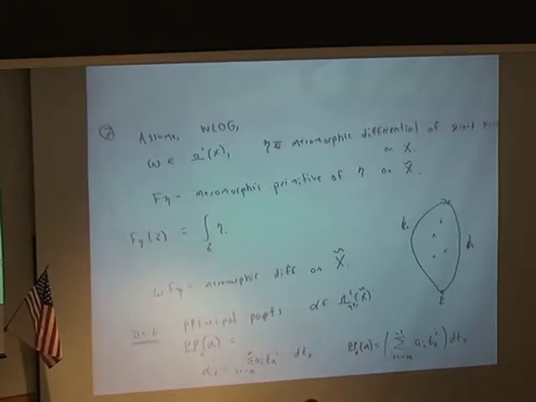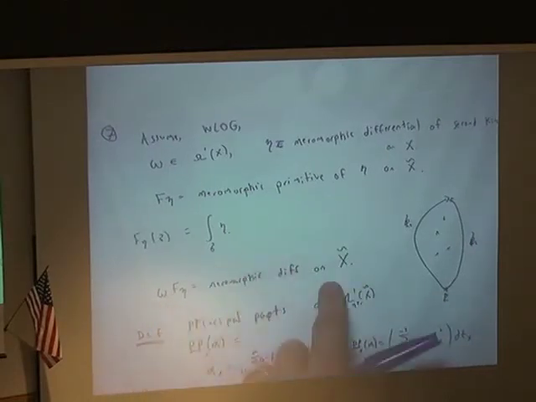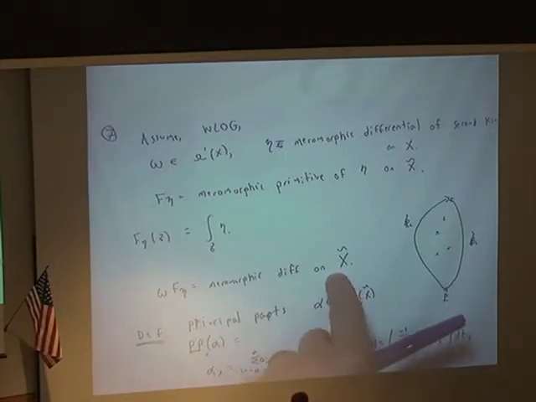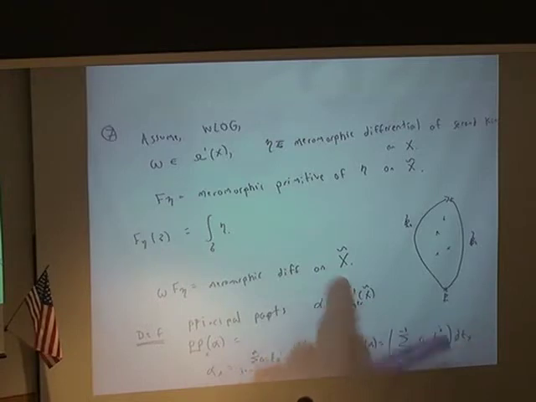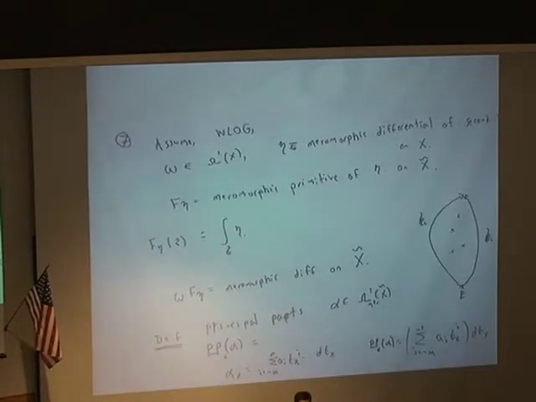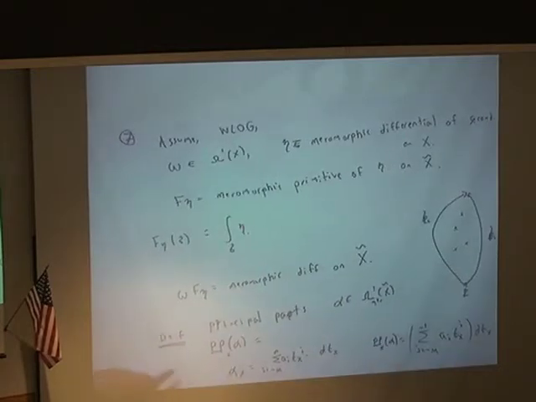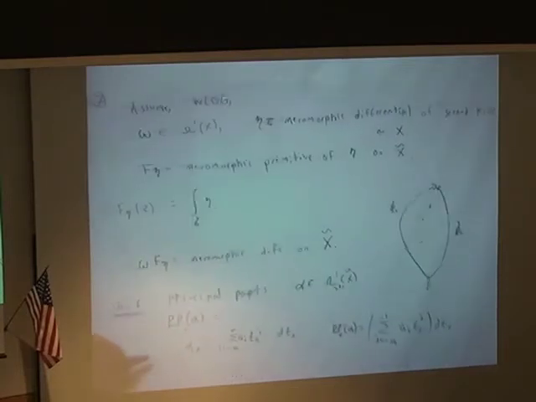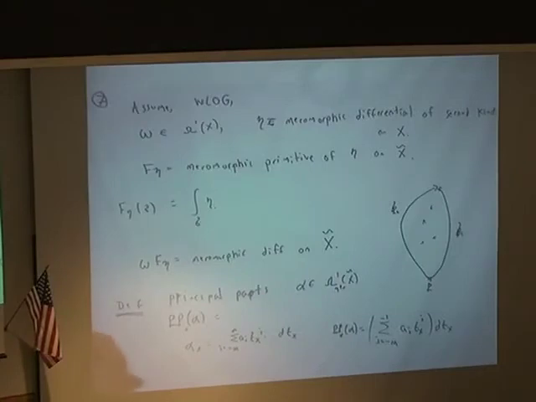Those are the principal parts, and what we now want to do is look at this meromorphic differential on the universal covering space. It lives on the universal covering space; it's not defined on X. But we'll see that the principal parts of this differential are at least well defined on X. You can think of them as functions on X. So this is a proposition, or lemma. It's really a key lemma.